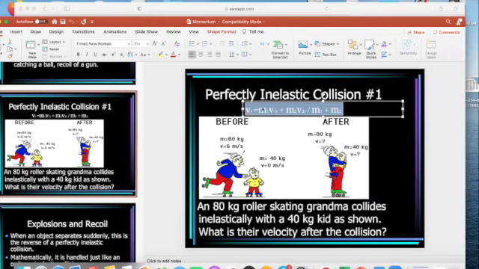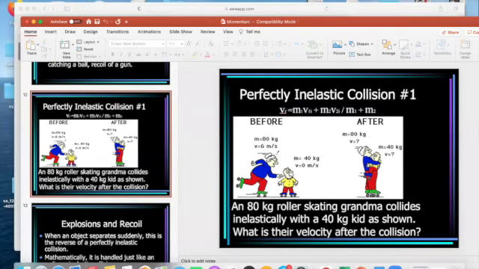So what I did was I started from the jump and then solved for V final. But here, they kind of already gave it to you at the top of the problem. Initial is the before stage information, and then the final is the after the collision information.